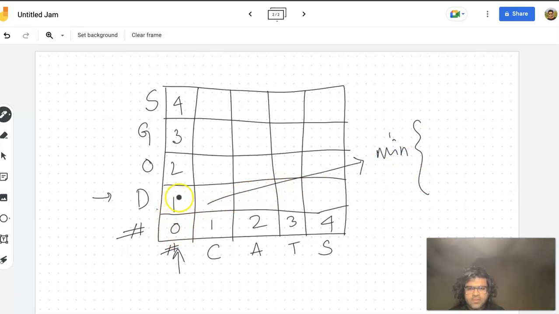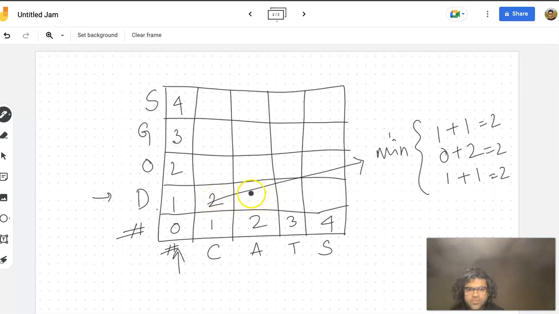So this can be 1 plus 1, or 0 plus 0, this one. So will it be 0 plus 0 or 0 plus 2? It will be 0 plus 2 because D and C are not the same. So it will be 0 plus 2, and from this one, 1 plus 1. So all these things are 2. So the minimum of this thing is 2.